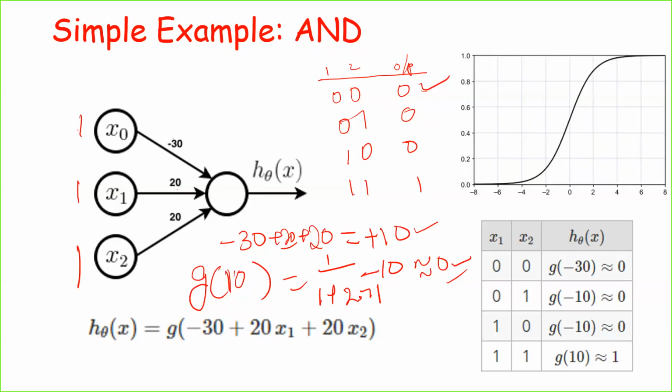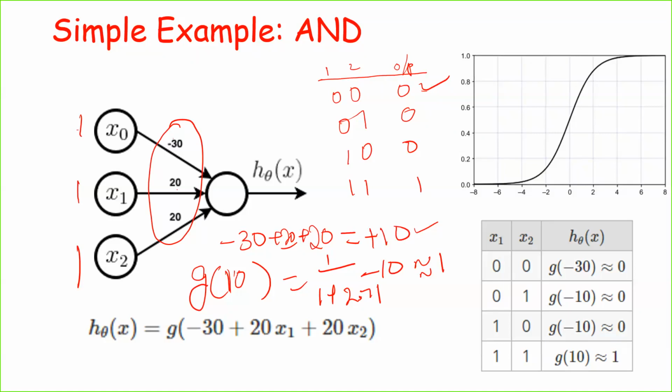Isn't 2.71 to the power minus 10 almost close to 0? So it is 1 by 1 plus 0, which is 1. So with these weights, are we modeling the AND gate or not?